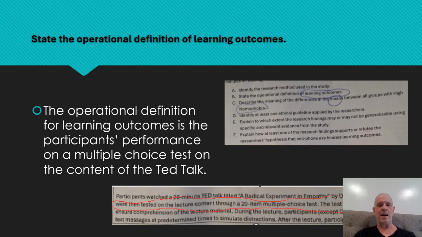But listen, you have a ton of time to write these things. You really do. Why not say the multiple choice test on the content of the TED Talk? There is no doubt that you understand it then. So don't leave this to a reader who may be reading FRQ number 187 that day, who just got a call that his car repair is going to cost him $3,000. You don't want that person to say, I don't see it, or I'm in a lousy mood.